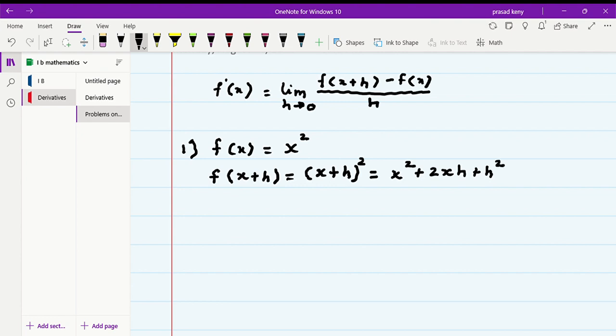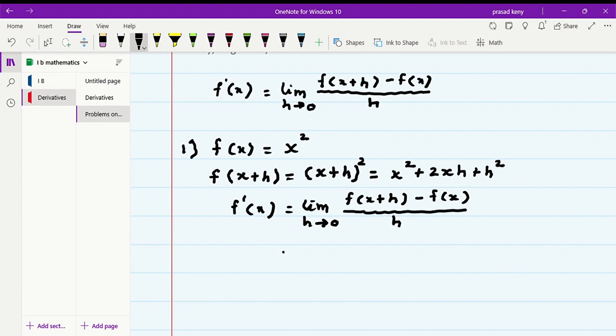So by the first principles, the derivative of f(x), that is f dash x, I can write it as limit as h tends to 0 of f(x plus h) minus f(x) divided by h.